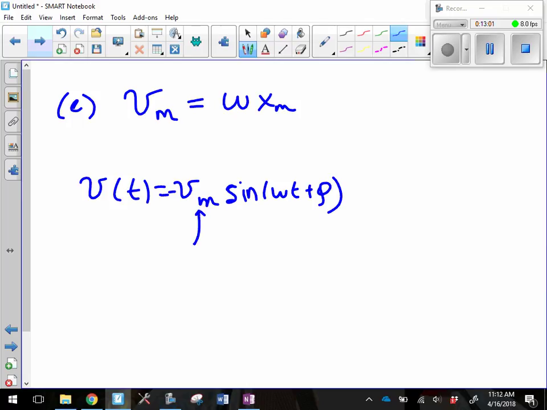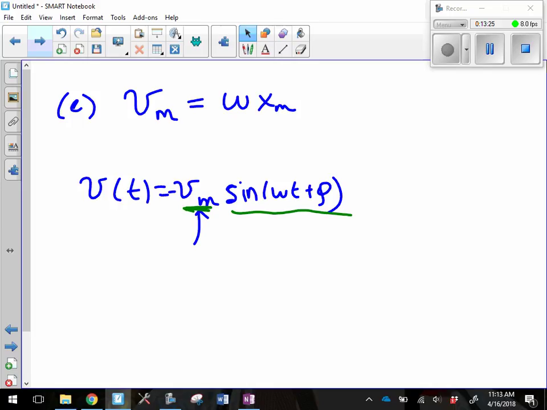All I want is what that is. Because what the sine function tells me is that this is my maximum velocity. And I'm going to be somewhere between my positive maximum velocity and my negative maximum velocity because my sine function is going to go between 1 and -1. But I just want to know what that maximum value is.